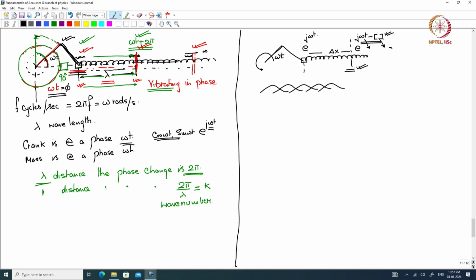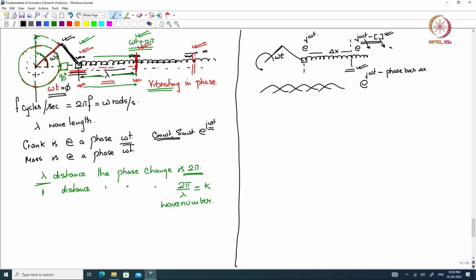Okay. And how much will it be? It will be e to the power j omega t minus the phase over delta x distance. Okay.